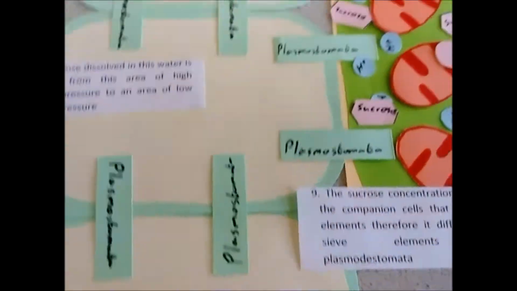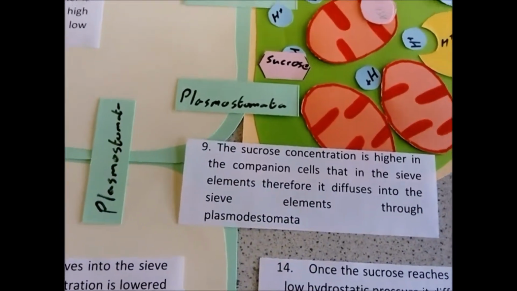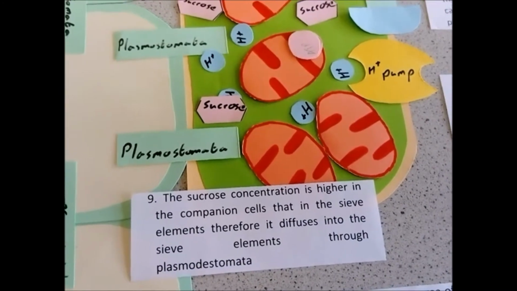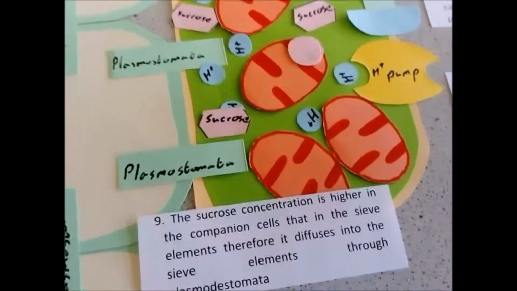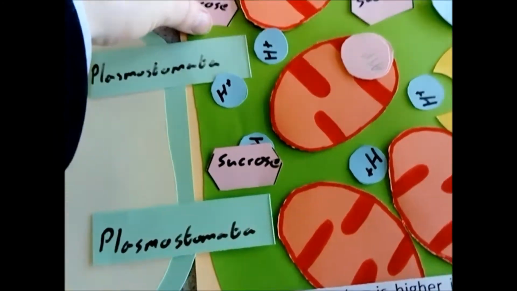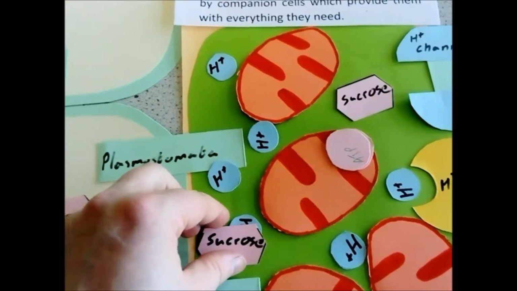So the sucrose concentration is higher in the companion cells than in the phloem sieve elements. Therefore, the sucrose will move into your phloem sieve elements through the plasmodesmata.